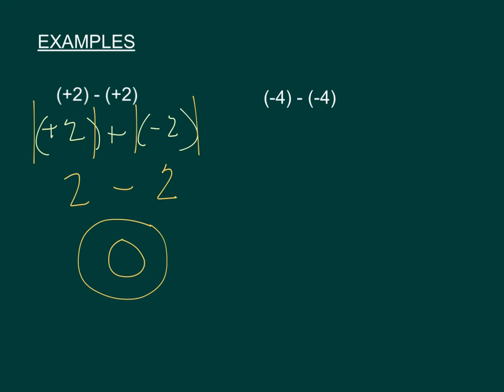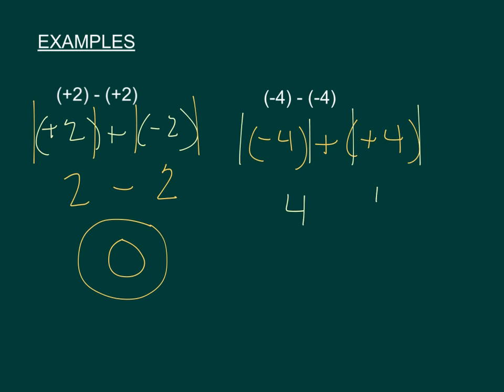Let's see if it happens again. Negative 4, stay. Oops, let's fix that. It actually looks like 4. Okay, so stay, change, change. Find my absolute values.